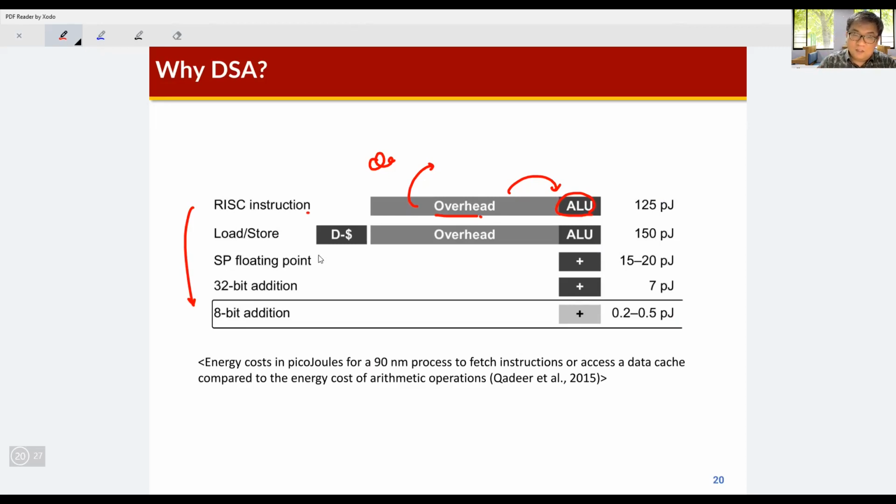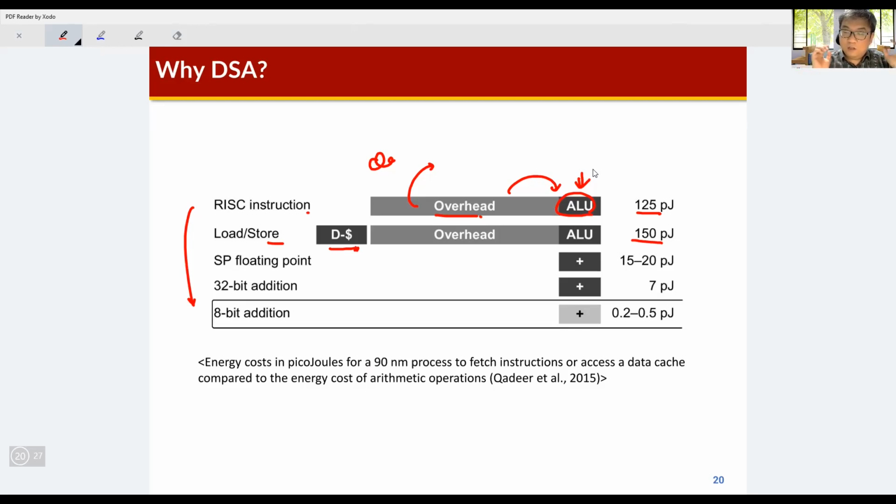These overheads are included in executing one instruction. And if the instruction is a load store instruction, it needs to access memory, so the energy for accessing memory is included. It's over 150 picojoule, so it's 125 picojoule. But as you can see, the ALU consumes much lower energy. So for executing an instruction, the execution engine does not actually consume much energy.